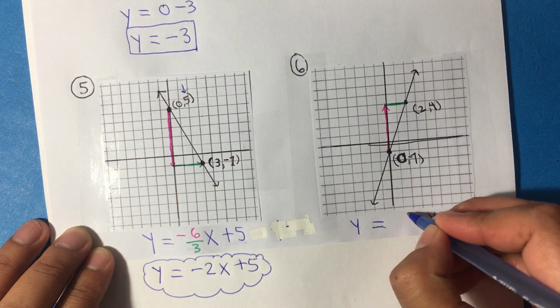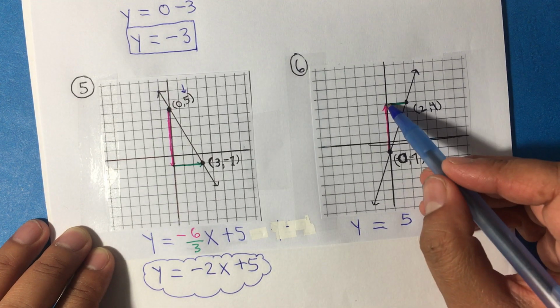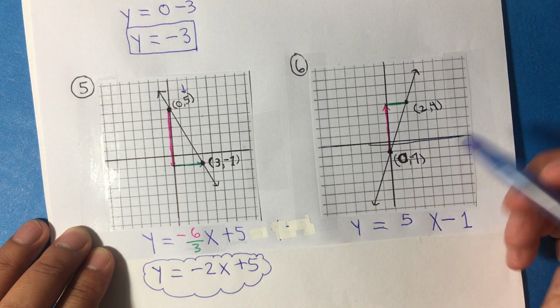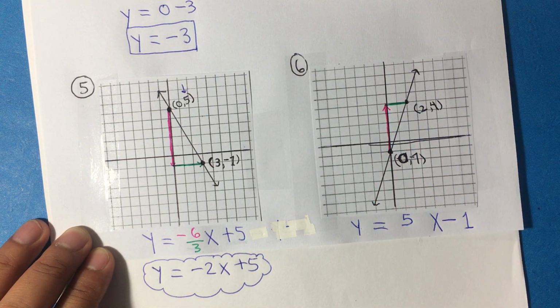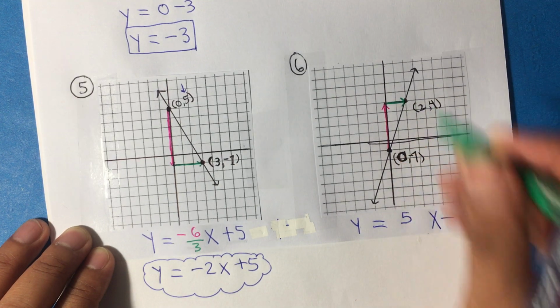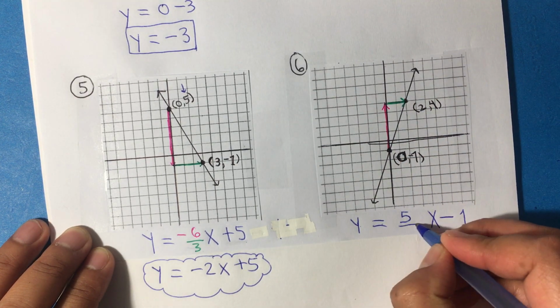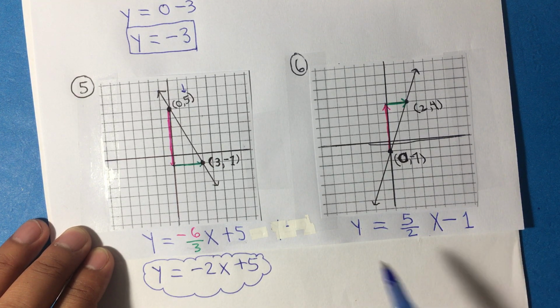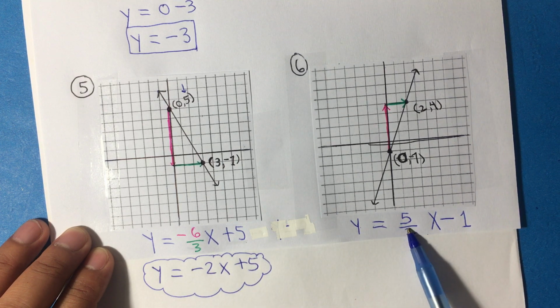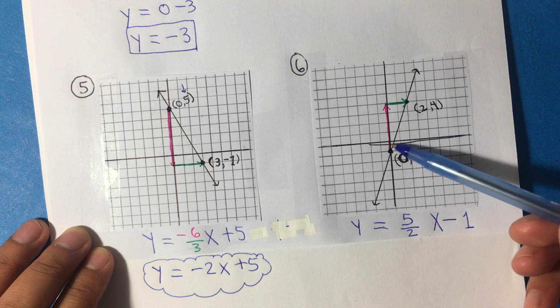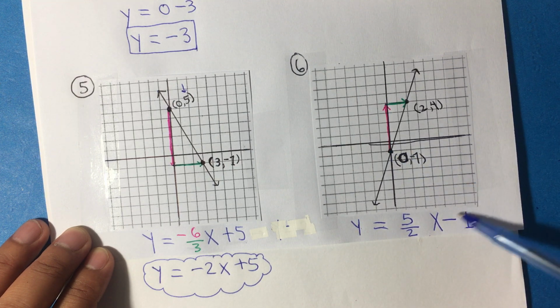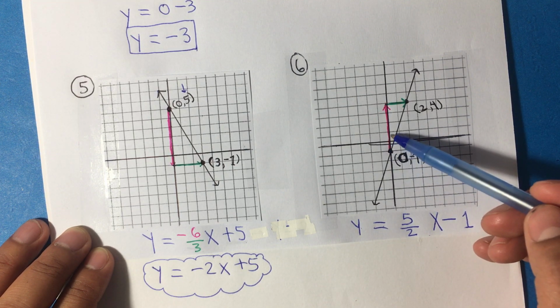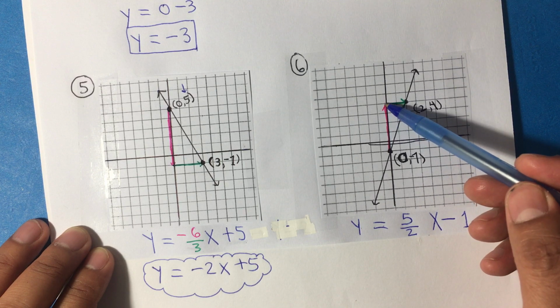So +5, and then 1, 2, since it's going to the right is also positive, okay? So over 2. And 5 divided by 2, we're not going to simplify it as a mixed number. It always has to be a whole number or an improper fraction. It cannot be a mixed number.